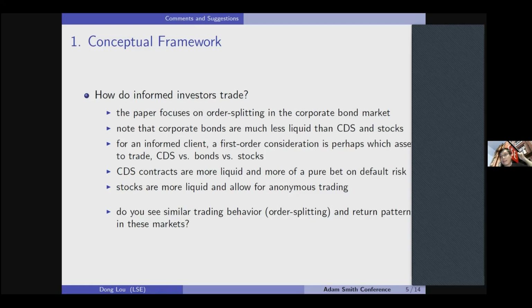So when Rentec splits its orders in the corporate bond market, do we see better performance in the CDS market as well? Chances are Rentec is going to trade a bit at least in the CDS market as well, perhaps in the stock market too. And also, do we see similar return patterns in these markets?